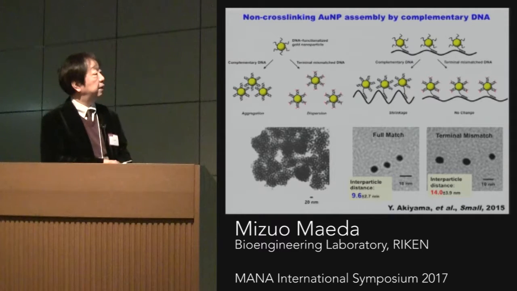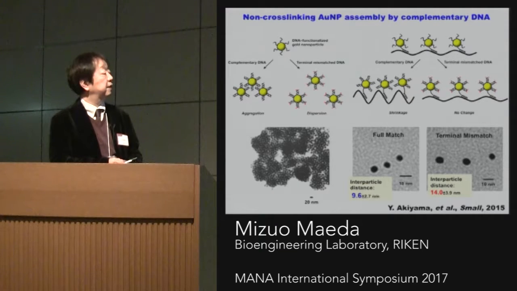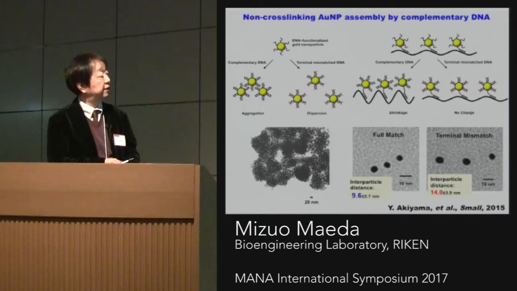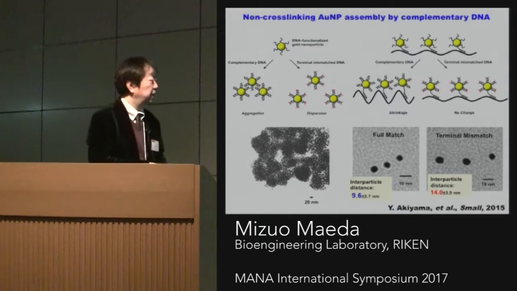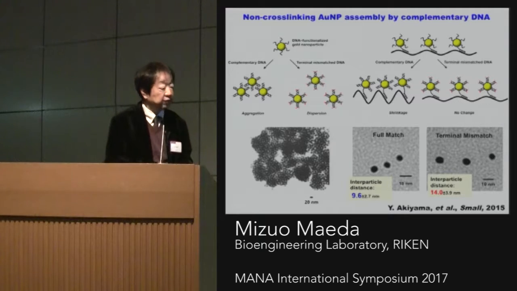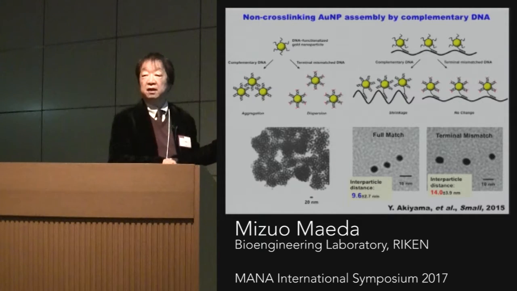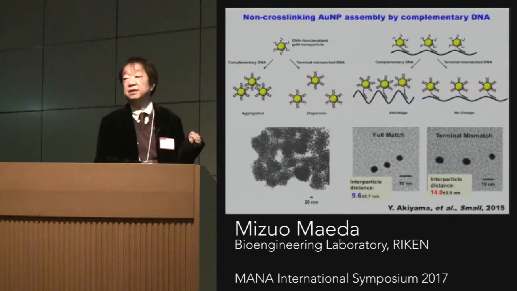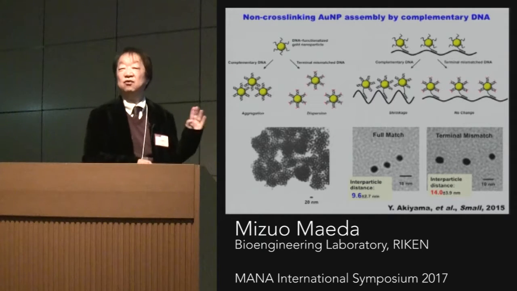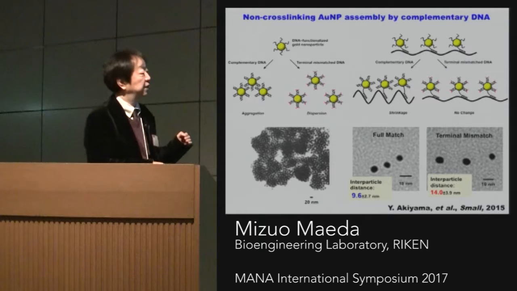As I explained, gold nanoparticles can be controlled to give an aggregated state with complementary DNA and keep a dispersed state with the addition of terminally mismatched one. But the aggregated structure is like this. How can I say, this is kind of amorphous, no interesting structure. This is not a so-called nano architecture.